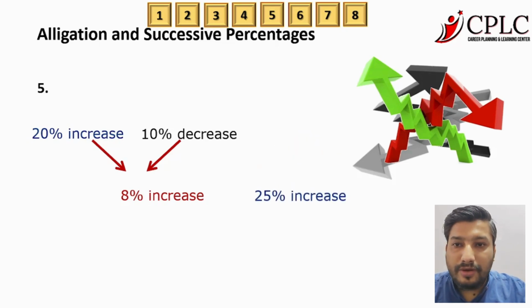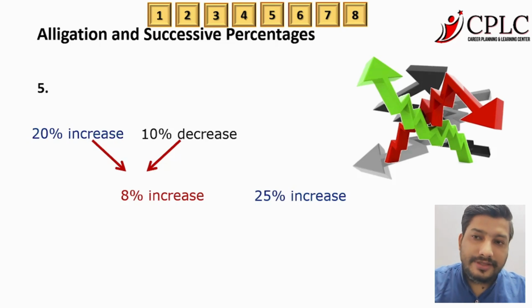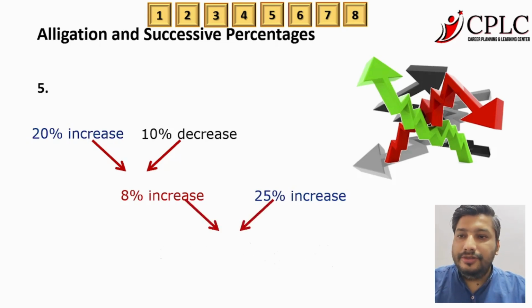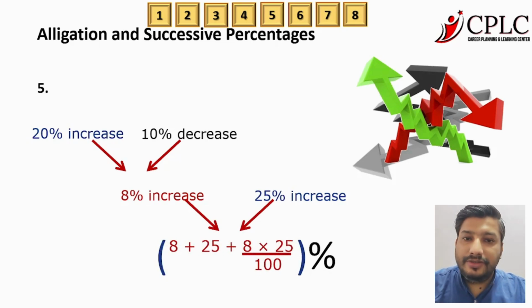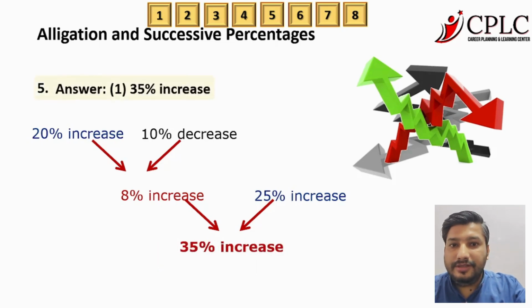If we apply the formula, now since both of them are increased, it is going to be the same original formula, that is a plus b plus ab upon 100. So 25 plus 8, which is 33, and 25 into 8 is 200, 200 upon 100 again becomes 2 only. So 33 plus 2 gives you 35% as the net change. And it is positive, so it becomes an increase.